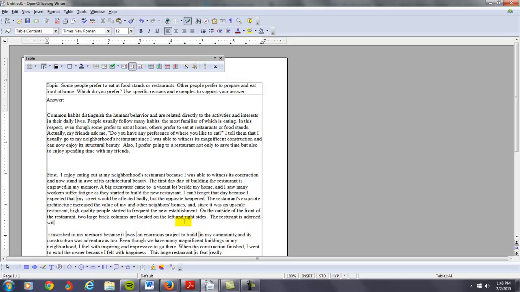Let's say is adorned with clear glass windows.